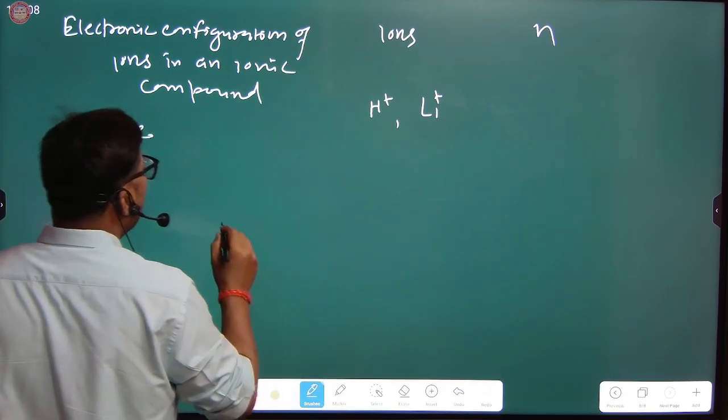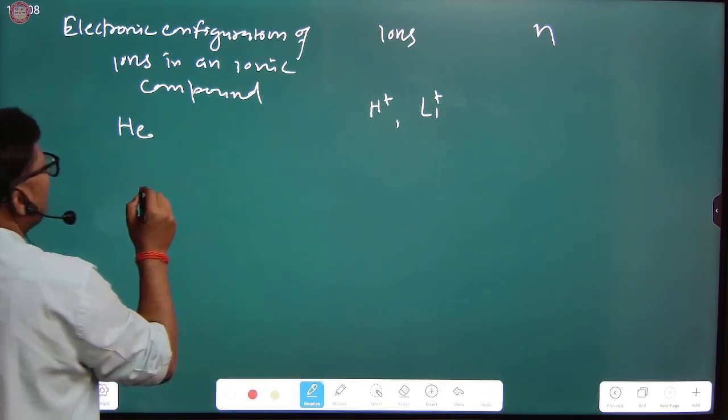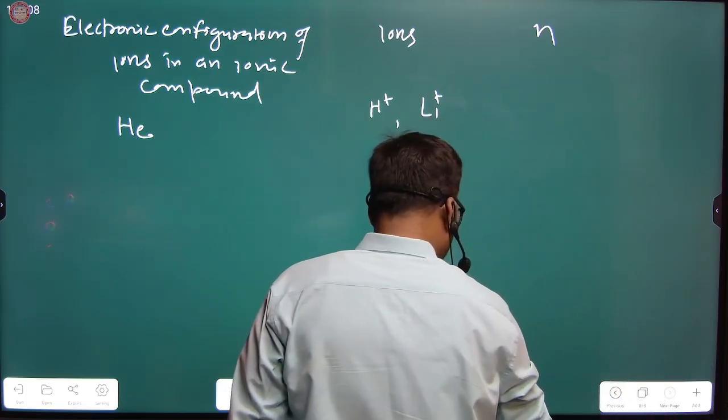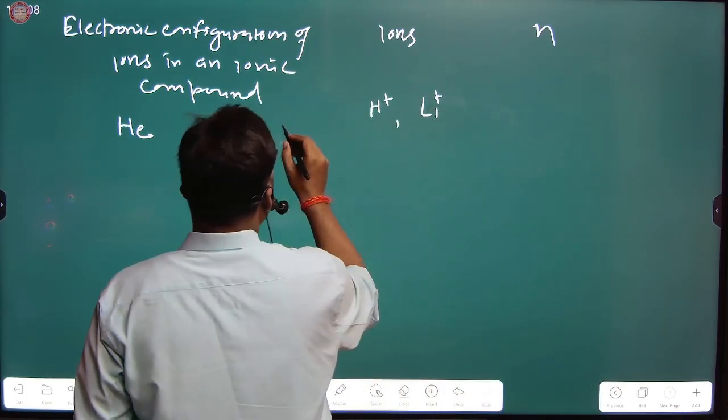Here, one column is the principal quantum number.